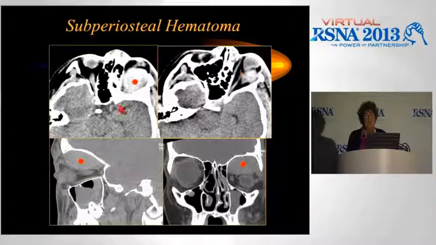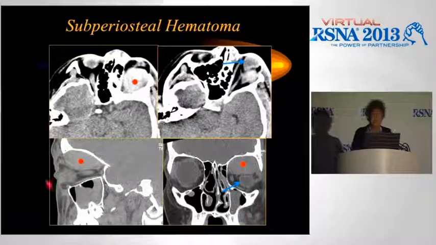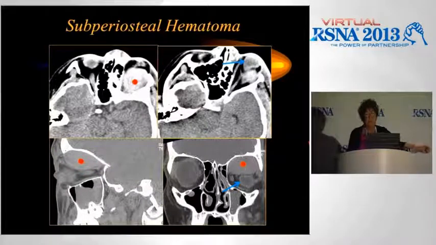You can see this on all three planes, and notice the inferior compression of this poor globe. It's deformed, it's misshapen, the musculature is displaced inferiorly. This is clearly beyond the extraocular muscles, and so this clearly affects vision.